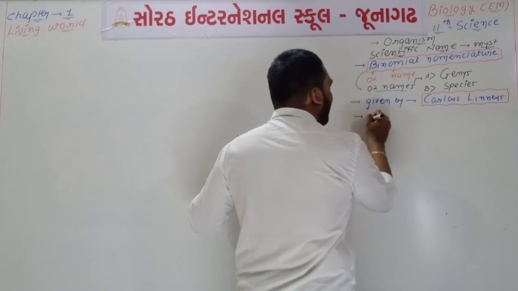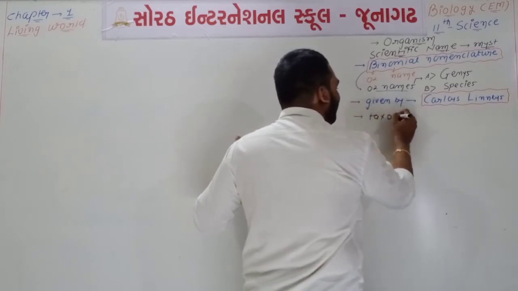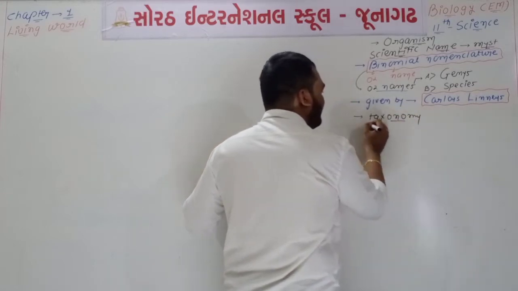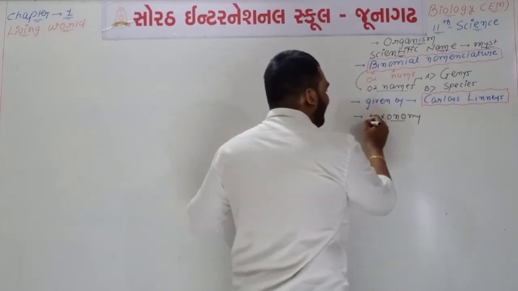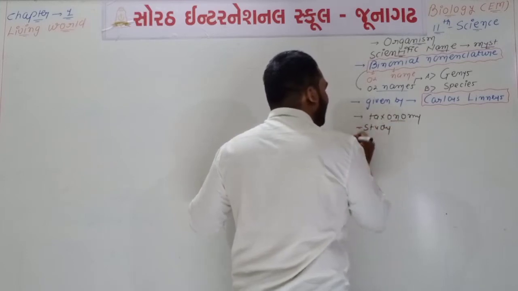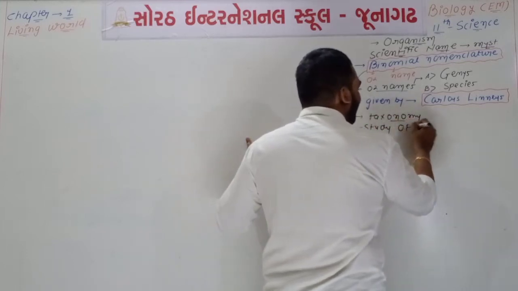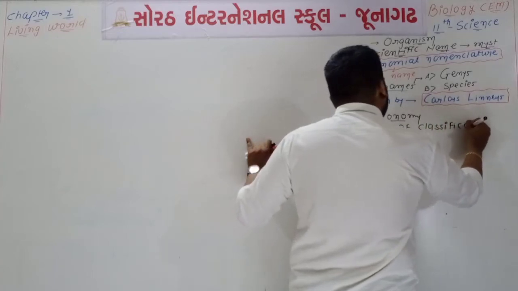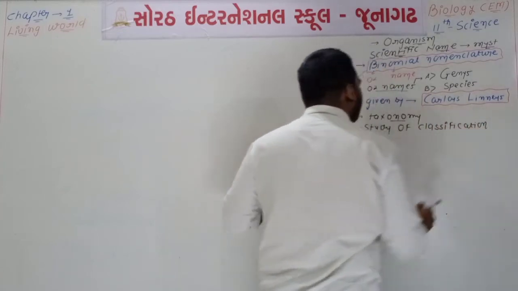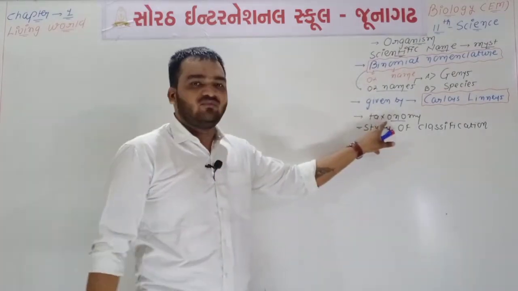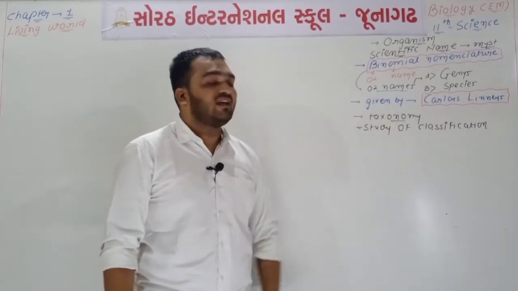What about the word taxonomy? First of all, what is the meaning of taxonomy? It is a type of science in which the study of classification is done.